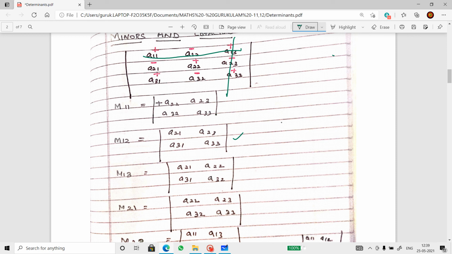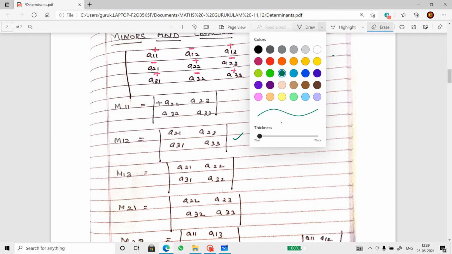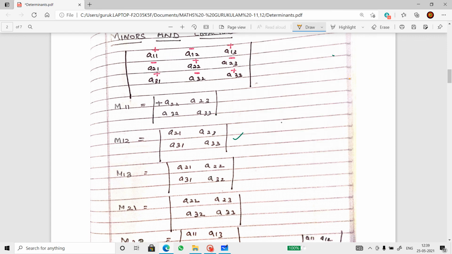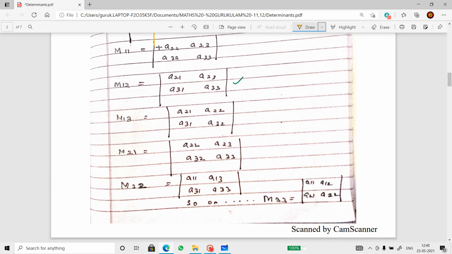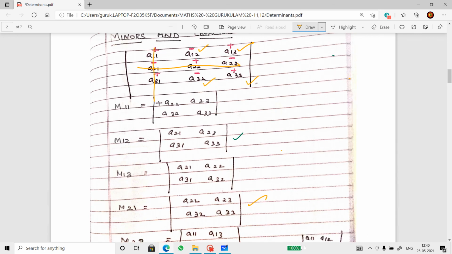So let's go for A21 now. A21 is present in the second row and first column. What remains then? A12, A13, A32, A33. Alright. So like that for all elements till A33. With that we get the minors.